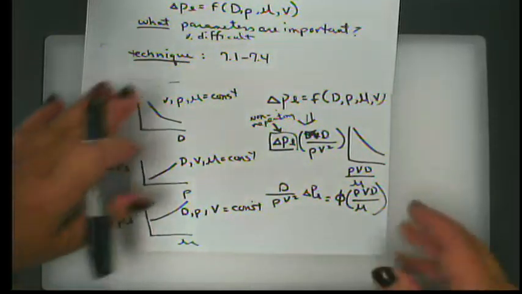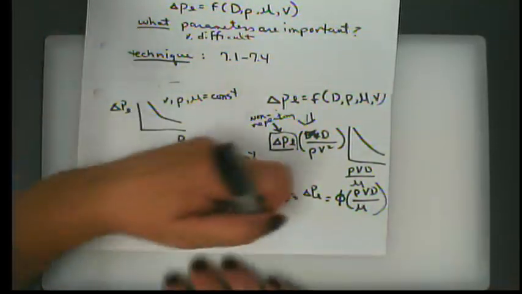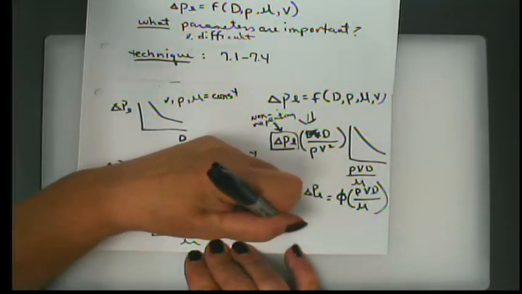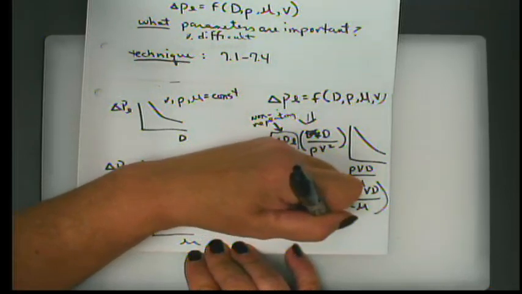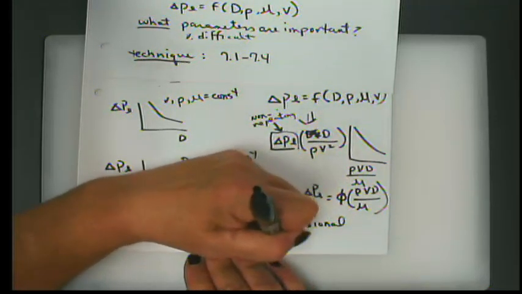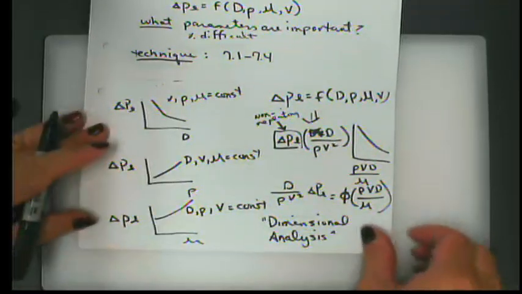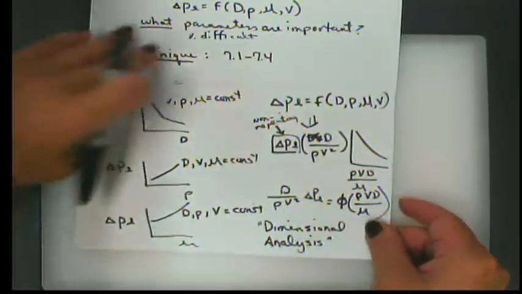Now, this is actually the technique called dimensional analysis, which I'll explain in just a minute. I'll explain why it's called dimensional analysis, and then I will explain to you how to do it yourself. All right.